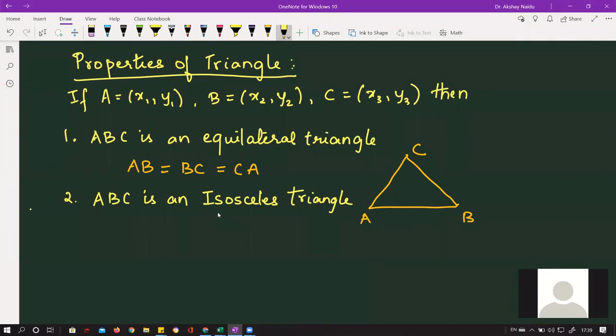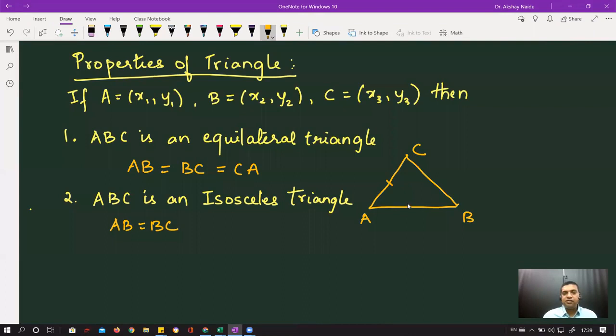AB is equal to BC, not equal to CA. Okay. So again AB equal to BC and not equal to CA. All right. That means two sides are equal.